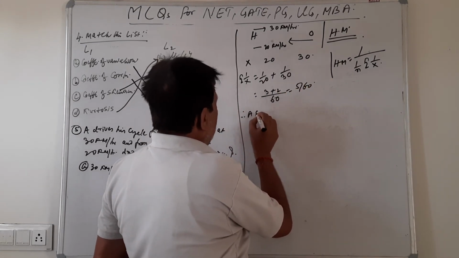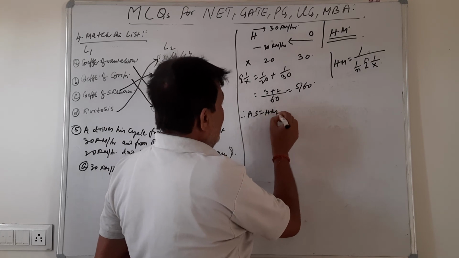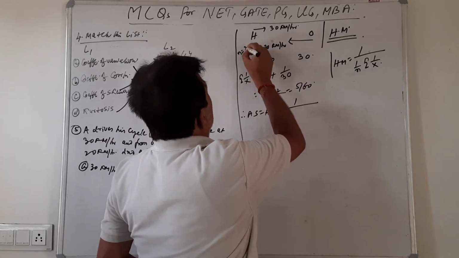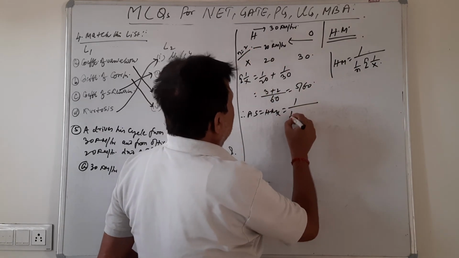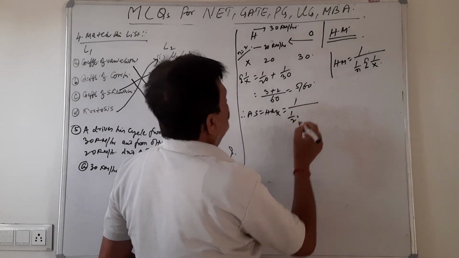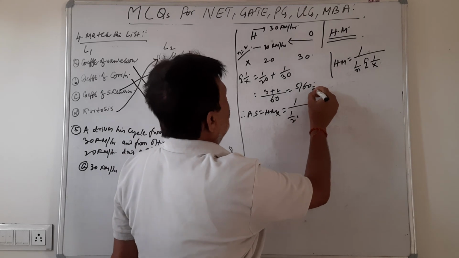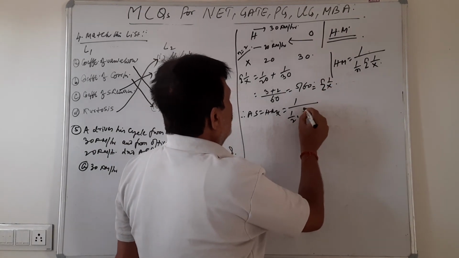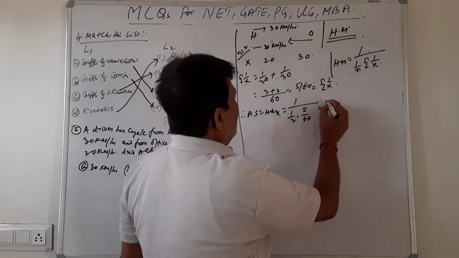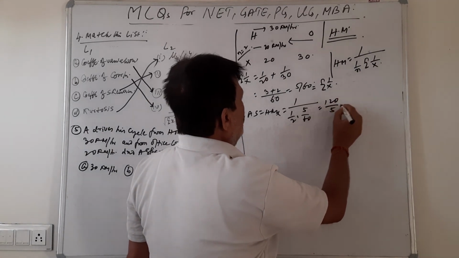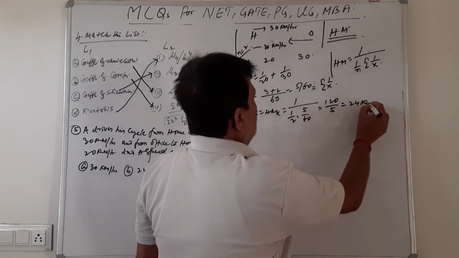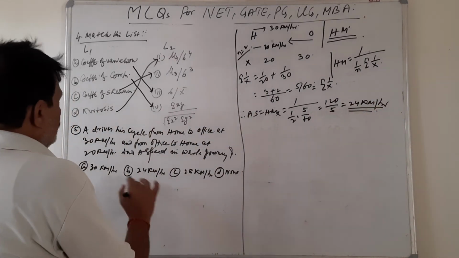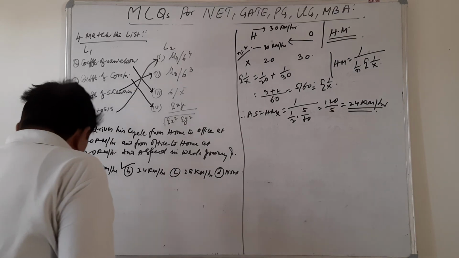Hence the average speed in the entire journey is 1 by n, and here n is 2, the number of observations, so this is 1 by 2 into 5 by 60, that is 120 by 5, and hence 24 kilometer per hour. So this would be the answer.